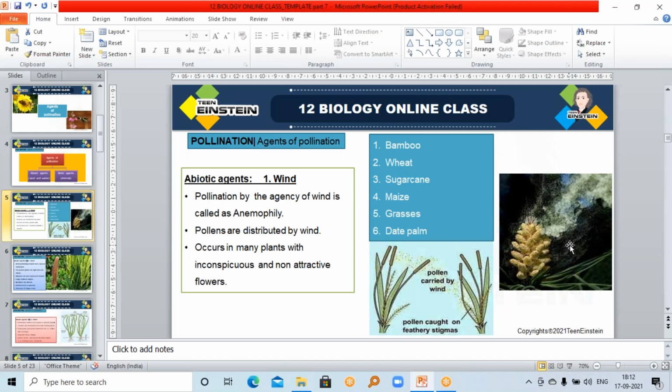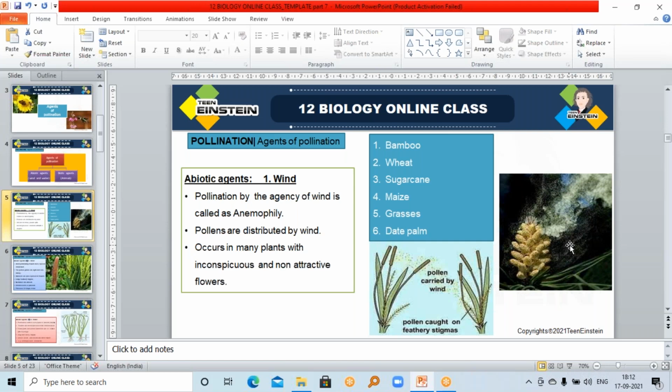Around 12% of plants are wind pollinated plants, like grasses and cereal crops. You can see these are all wind pollinated.